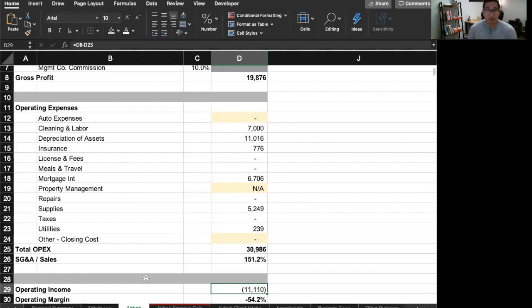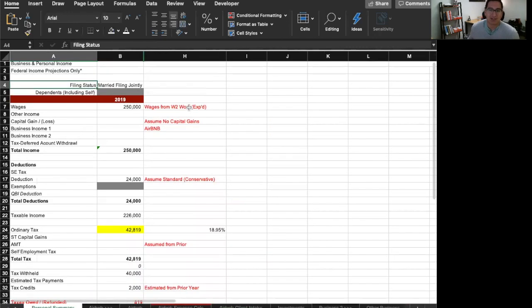If you've got a paper loss, you probably don't want to be an S-Corp. There are reasons for that, but that's out of the scope of this video. The way it impacts your taxes is you've got to look at what you're doing outside of the Airbnb, because at the end of the day, it's a pass-through entity. So what? I lost 11K. I'm going to ask a question: so what?